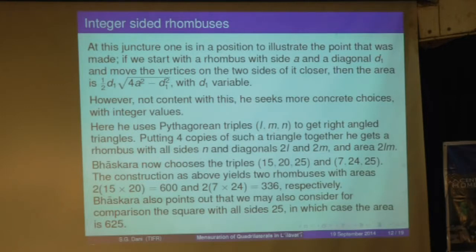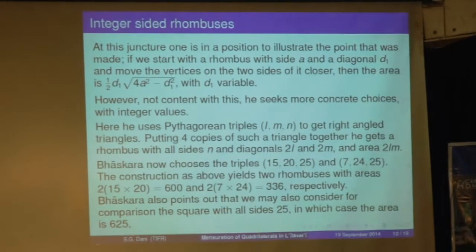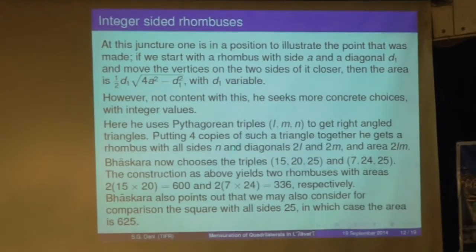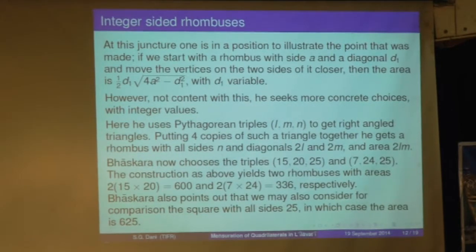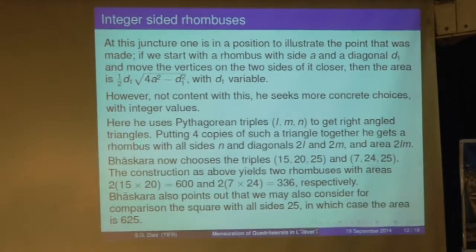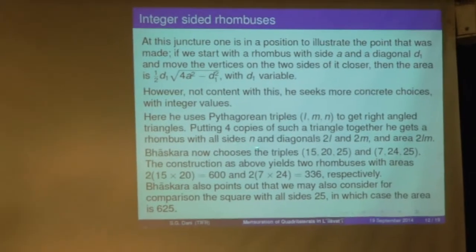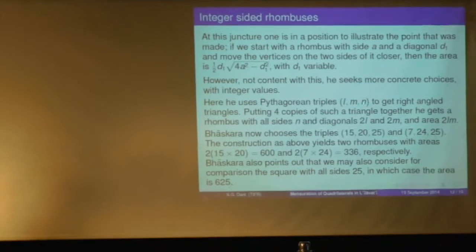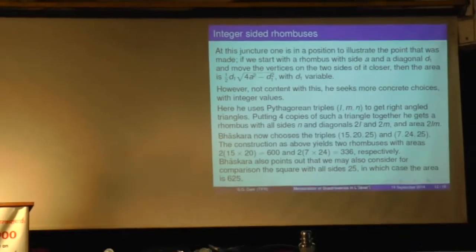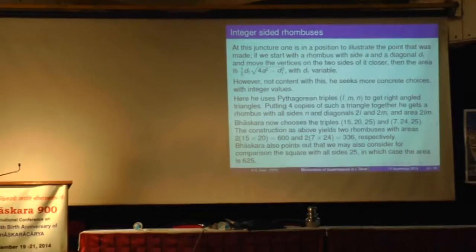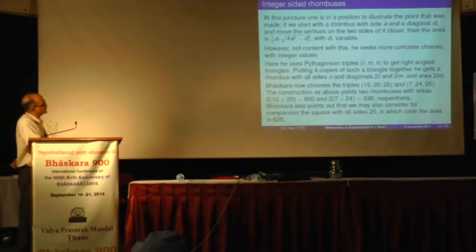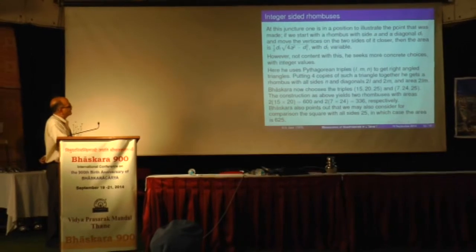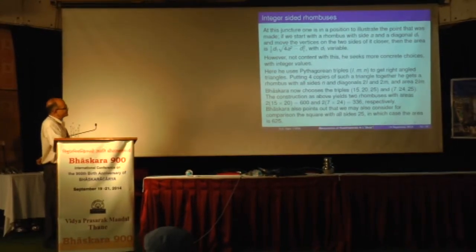If you have a Pythagorean triple L, M, N, that gives you a right-angled triangle, and by putting together four such triangles in a symmetrical way, you get a rhombus with all sides N. The hypotenuse of the original triple becomes the side, the diagonals of the rhombus will be 2L and 2M, so the area will be twice LM. Now comes the interesting part.